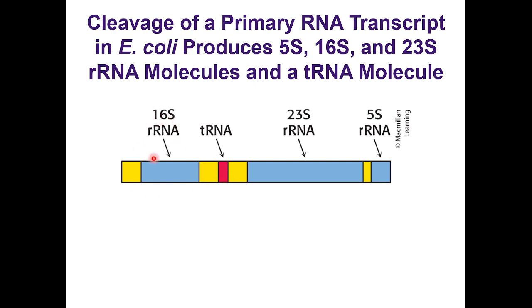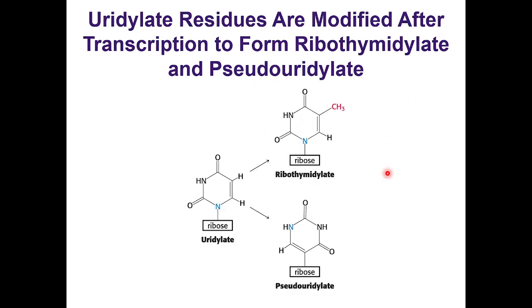So right here we have the 16S, a 16 segment of this. This right here gets excluded, gone, tRNA, and then we have our next RNA part. This is a 23S, and this one's a 5S right there. These are uridylate residues. They're going to be modified after the transcription to form ribothymidylate and pseudouridylate.